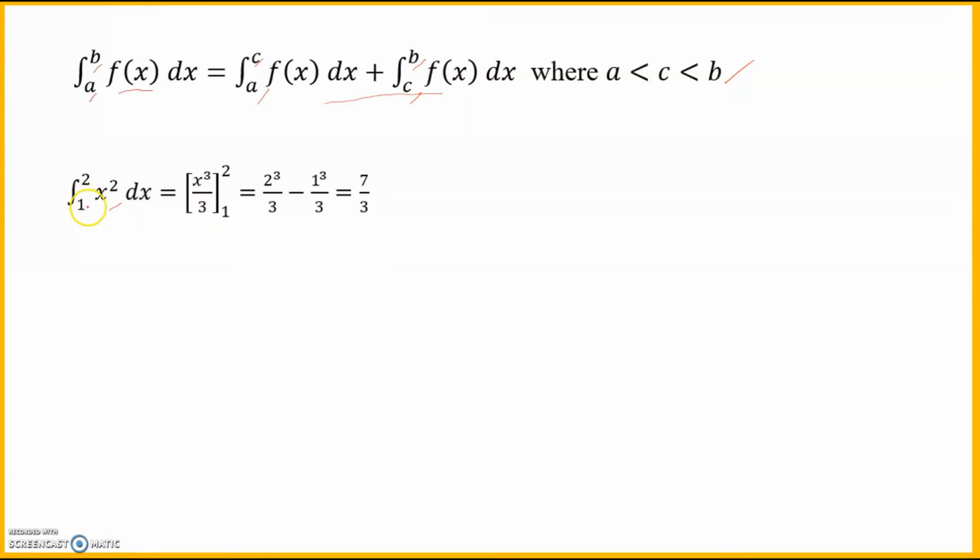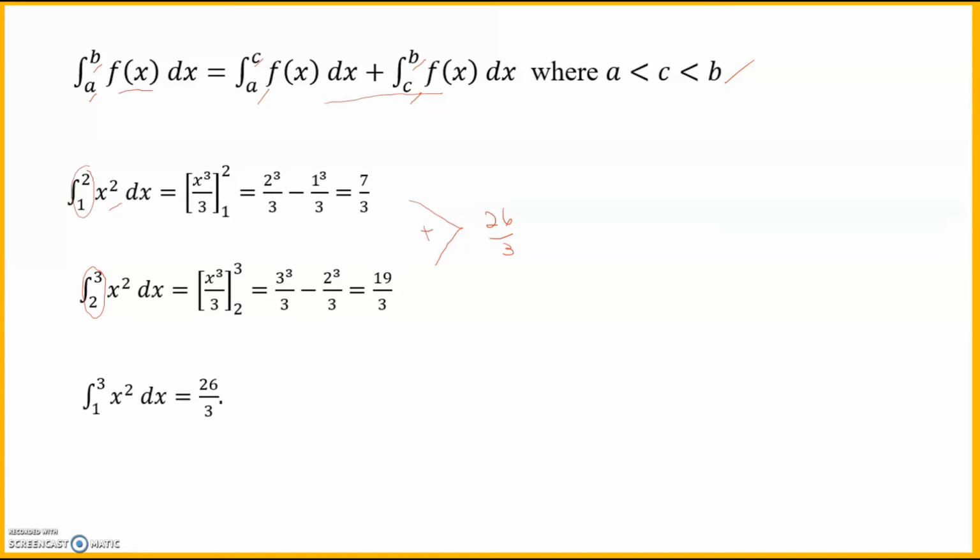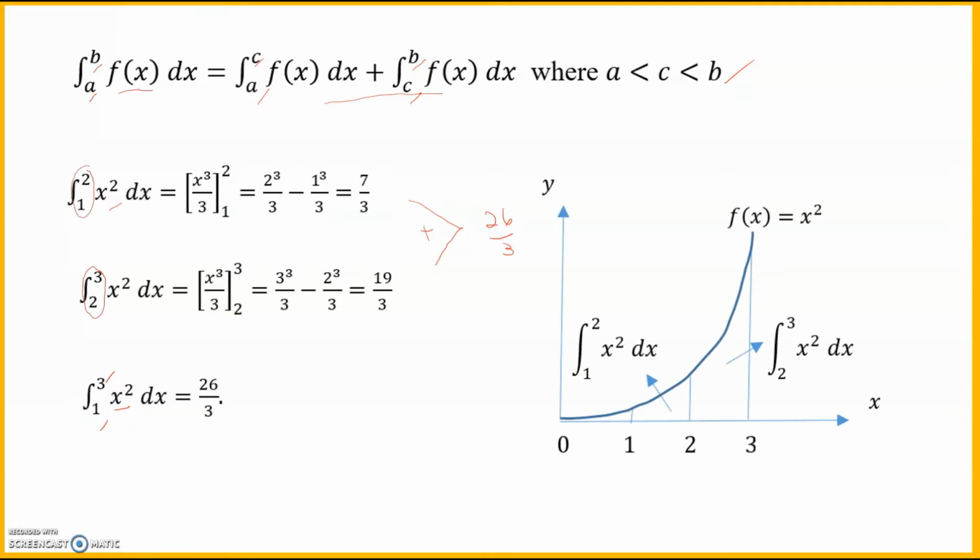I can solve it from 1 to 2, and then from 2 to 3, and the sum of these is equal to 26 over 3. This is exactly the same as our computations before, the integral of x squared from 1 to 3.